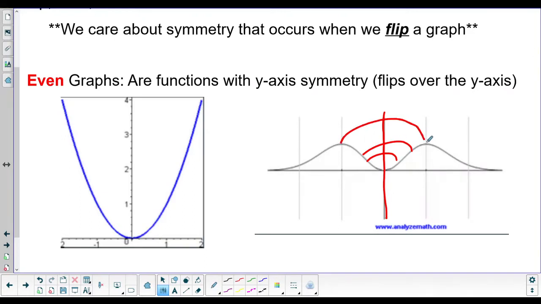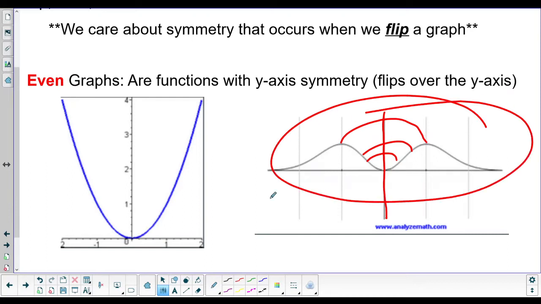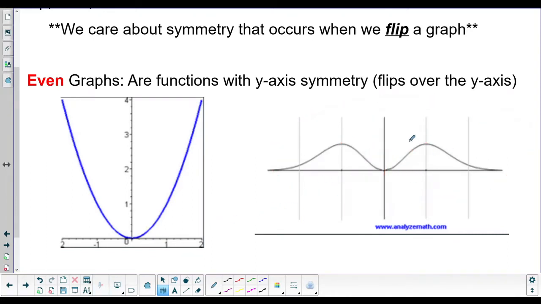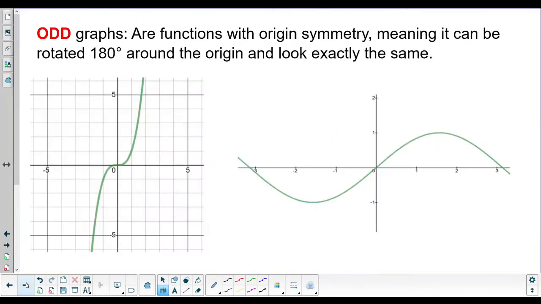This little peak would land on that little peak, and so on. So this would be an example of an even graph. Basically, if it looks mirrored on this side and this side, they look like reflections of each other, then it's even symmetry.